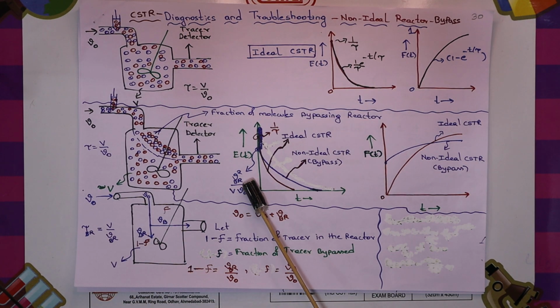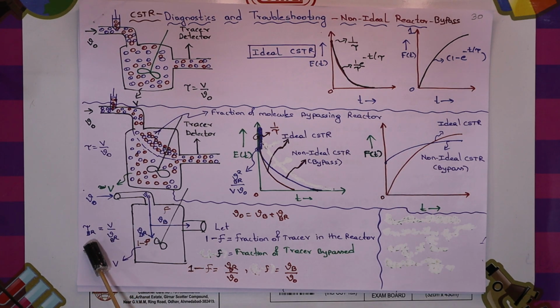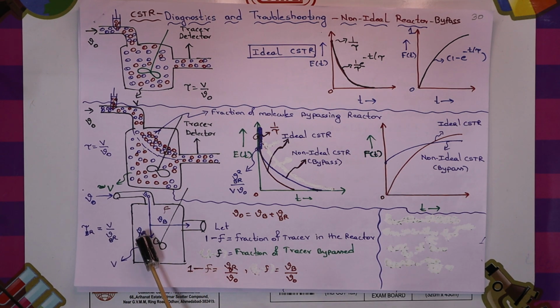Let us find out how I got the value of ν_br squared by V into ν_0. Before I proceed, you can see what the space time of this particular bypass reactor is. It is the total volume of the reactor divided by the volumetric flow rate that has gone through the reactor, not through the bypassing.